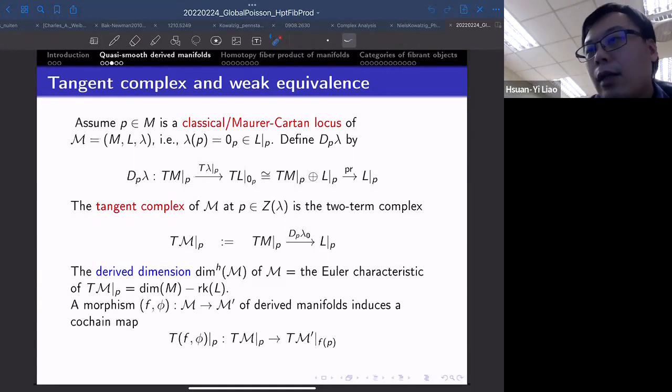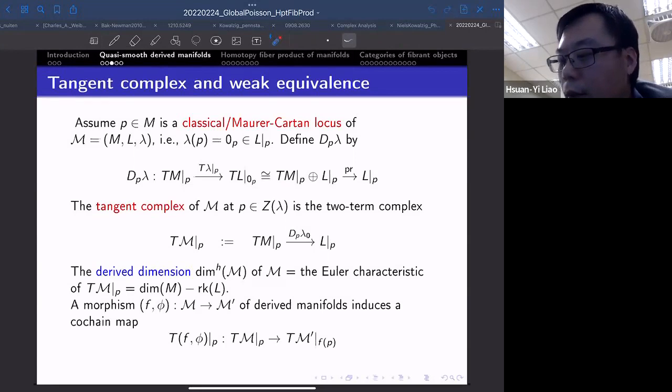By tangent complex, I mean this two-term complex.